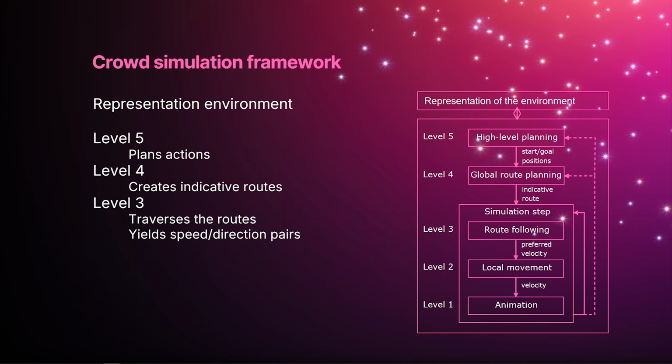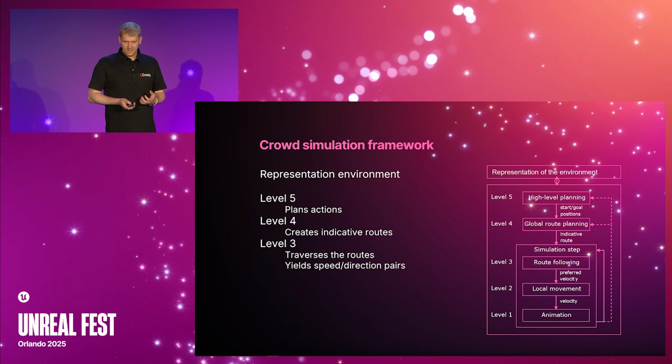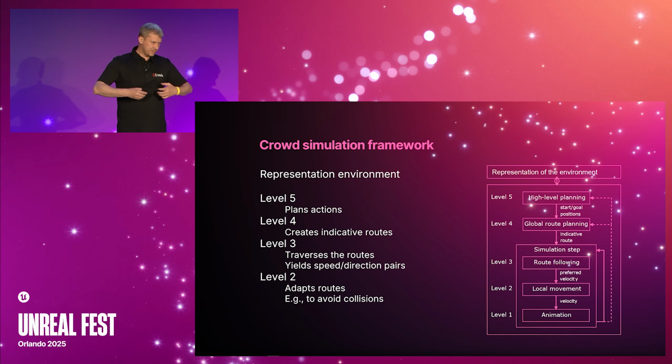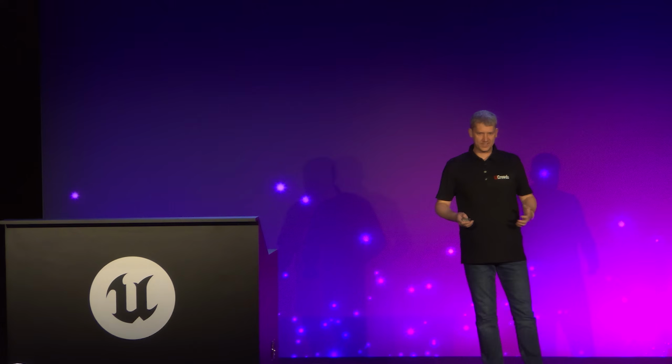Then iteratively, typically 10 times per second, we pick a point on this route and we try to follow it. Well, this gives us a velocity, so a certain direction and speed in which the character is moving into. But it's not only for one character, it's for potentially thousands or hundreds of thousands of characters. So what we do is each character looks in its neighborhood, typically to its nearest 7 or 10 entities, and is going to update this velocity based on things that happen around this character.